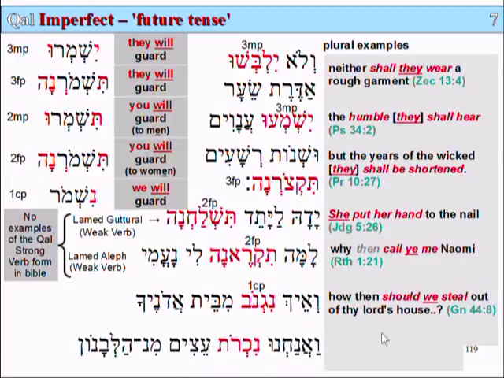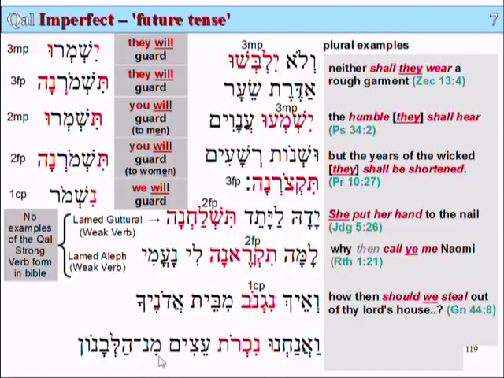The final example: va'anachnu nikrot itzim min halebanon. The vav here means and, and this word here, anachnu, means we. And we, va'anachnu. We saw this in the pronouns lesson. Nikrot, we will cut.